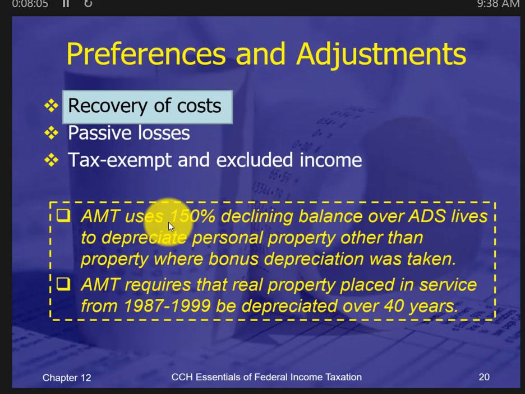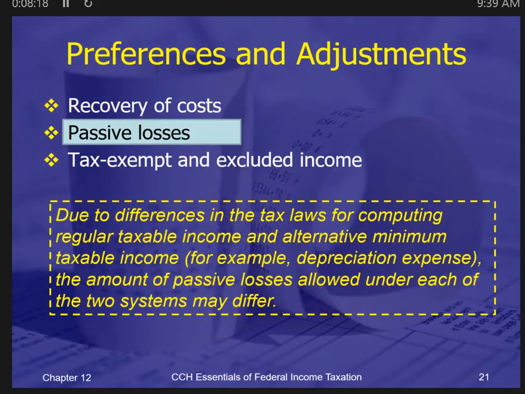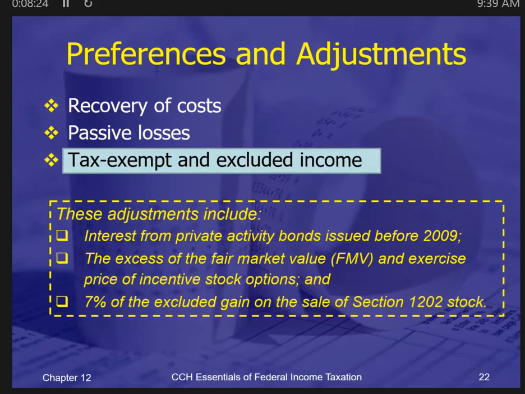So there is usually lower depreciation for AMT purposes. So you're going to add to your income the difference between the depreciation under regular tax and AMT. This will also affect your passive income and losses, and then there is some important tax exempt income.